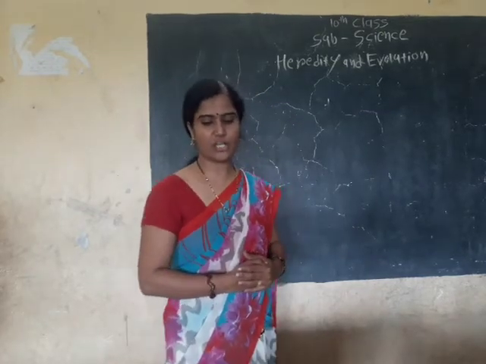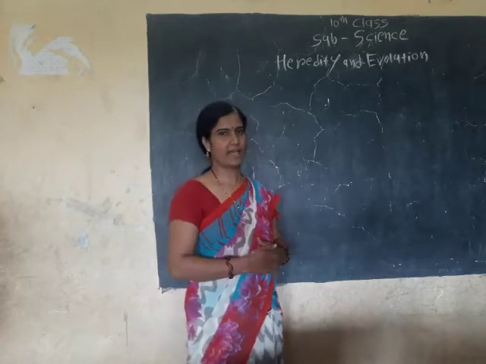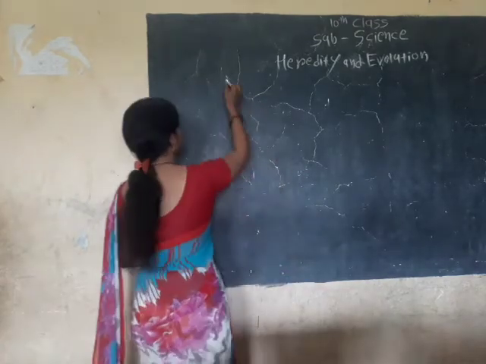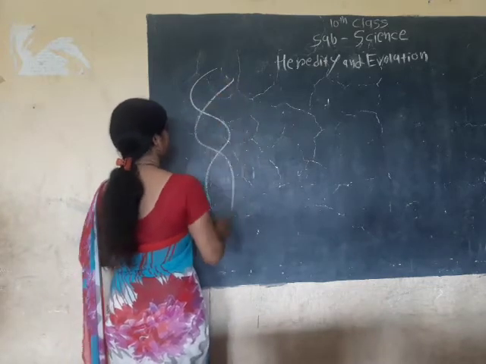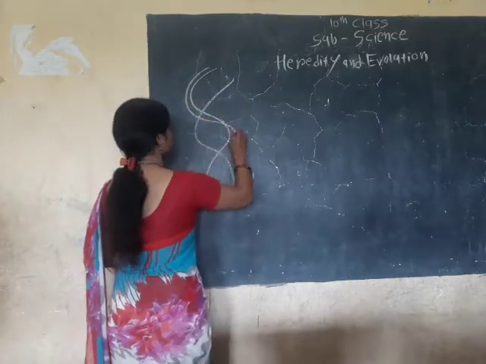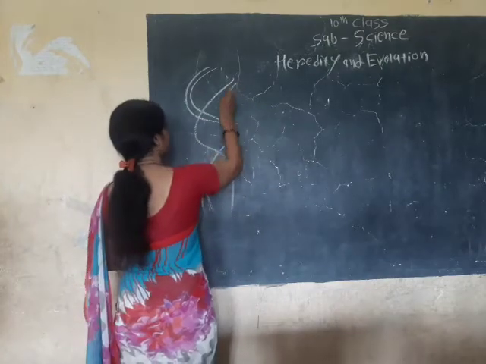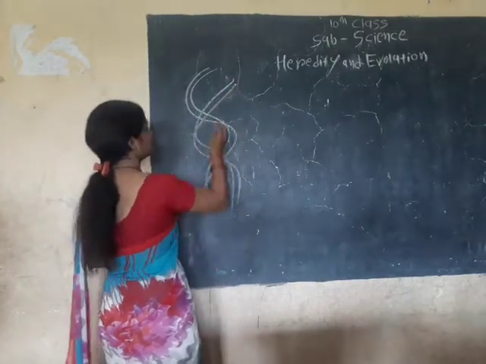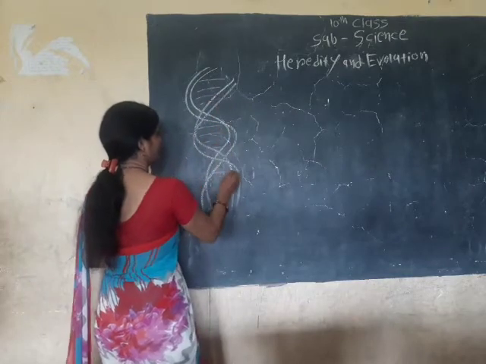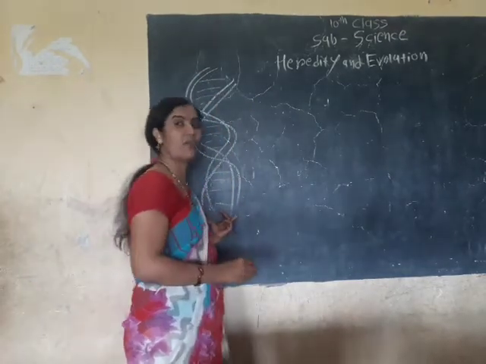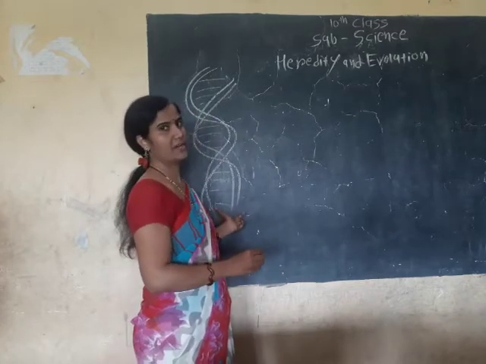What is the structure of DNA and the types of RNA? You know very well, a double helical structure of DNA is there. We already studied the double helical, double stranded structure of DNA. That is the Watson and Crick model of DNA.